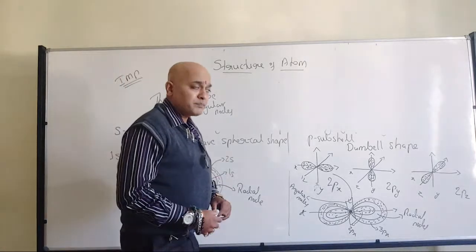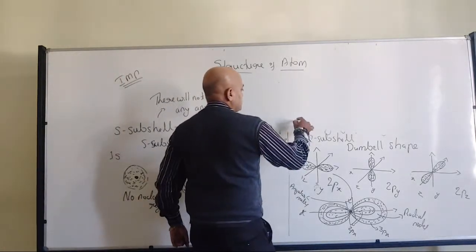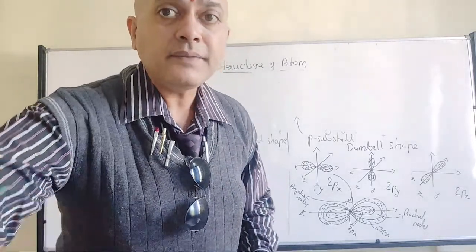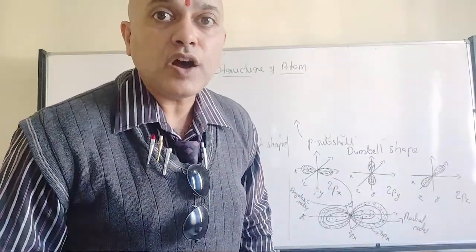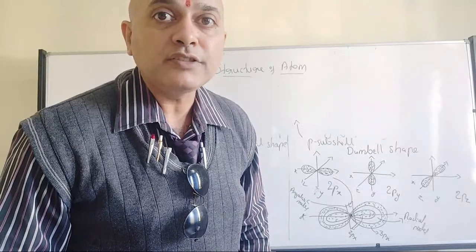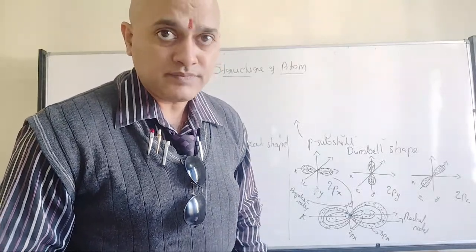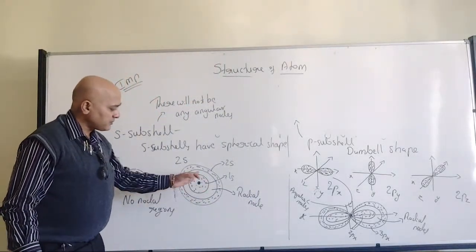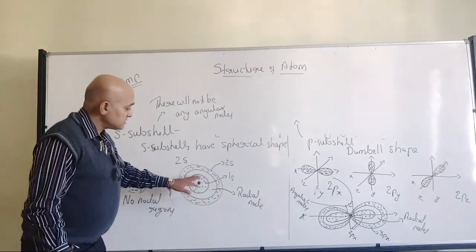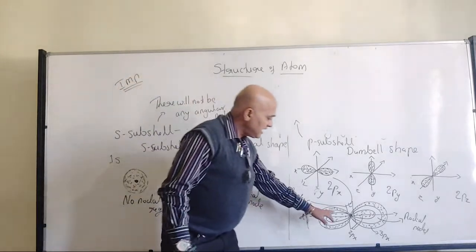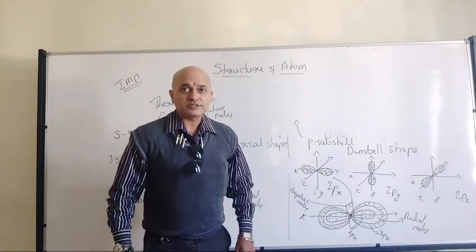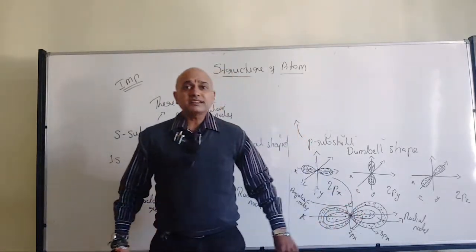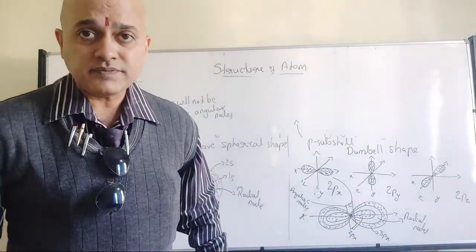Now, when it comes to the P subshell, I can tell that the number of non-shaded regions tells the number of radial nodes or angular nodes. The non-shaded region which is almost circular, to remember, will be considered as radial nodes, and the one present along the nucleus will be considered as angular nodes.